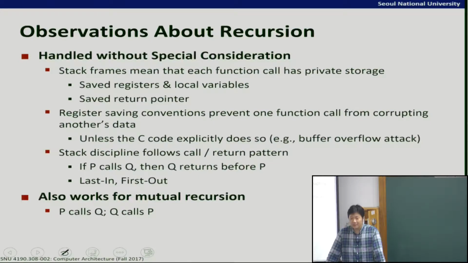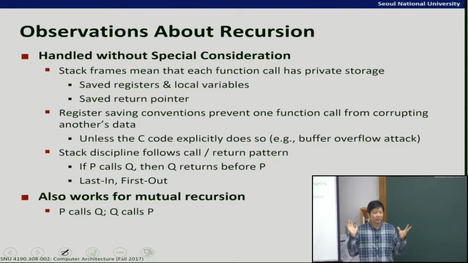Of course, an example is buffer overflow. I don't know how many of you have heard of buffer overflow attack. All right, some, good to see. I think I explained it during lecture 1 a little bit. The idea was, because you can have a stack of stack frames, right?